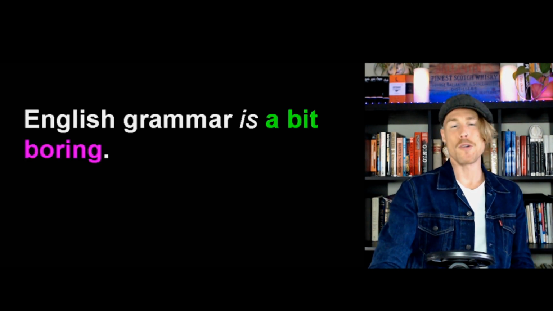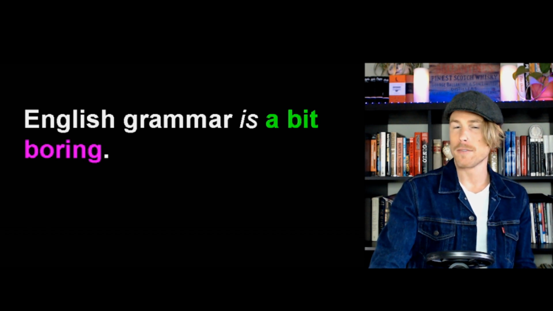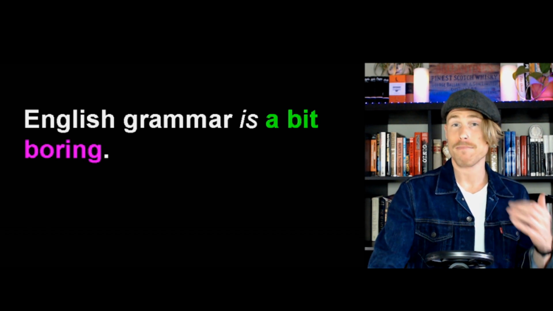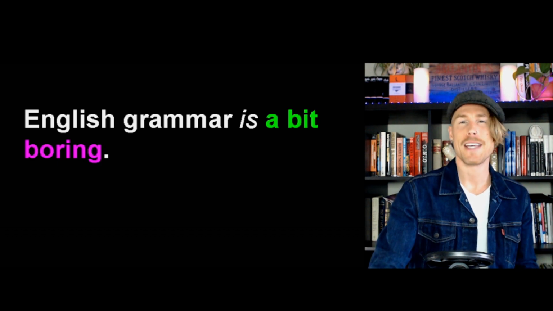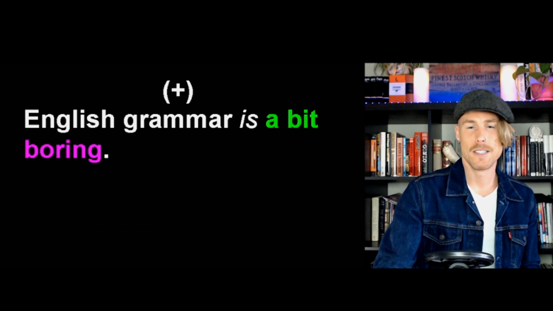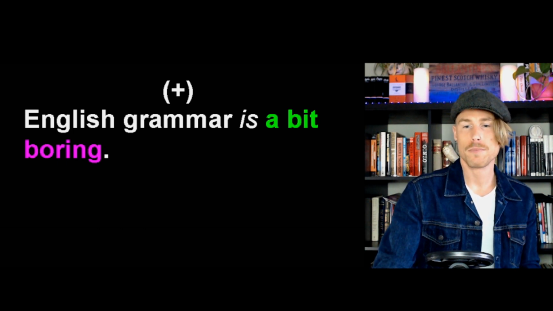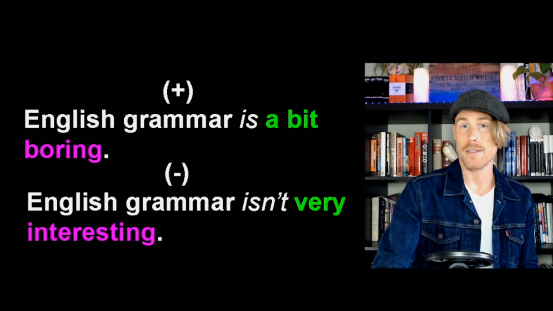Another example. English grammar is a bit boring, but necessary, I hope. Maybe a little bit interesting. I don't know. This is positive. Is. English grammar isn't very interesting. Negative. Isn't.